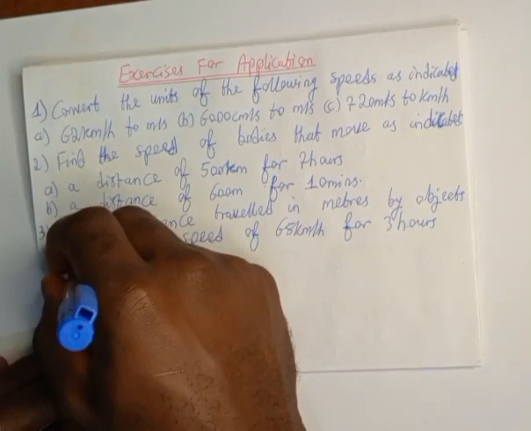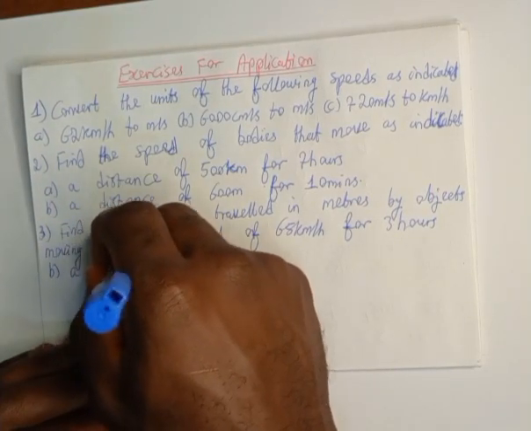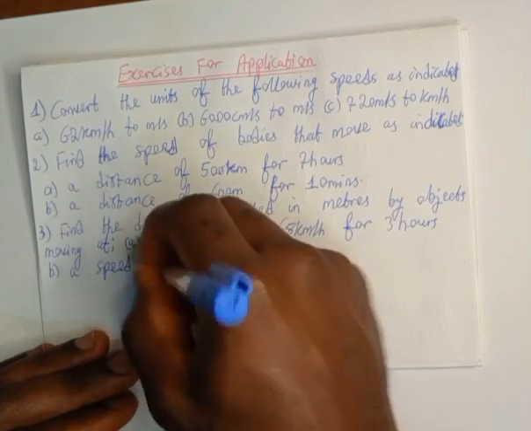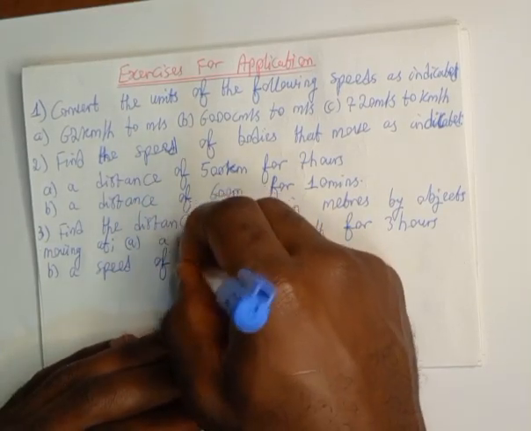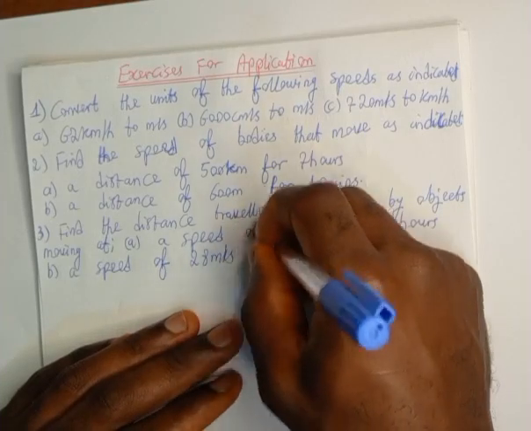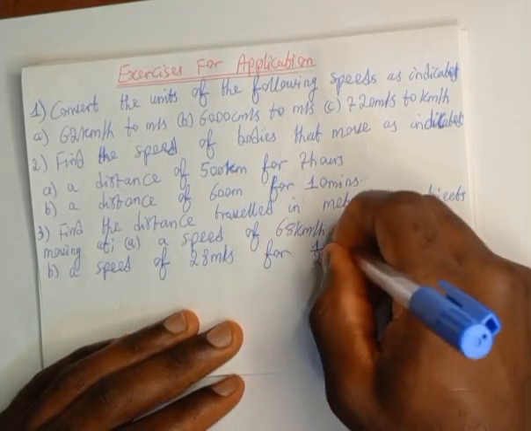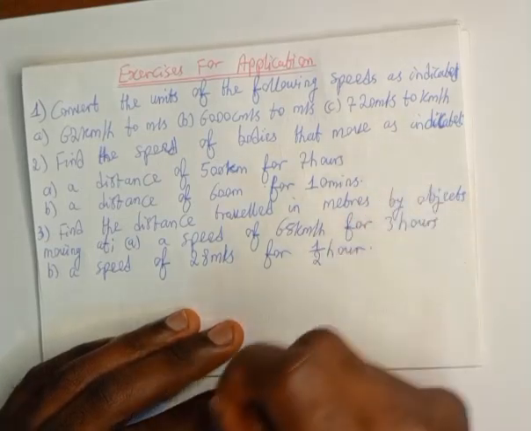For B, a speed of 28 meters per second for a half hour.